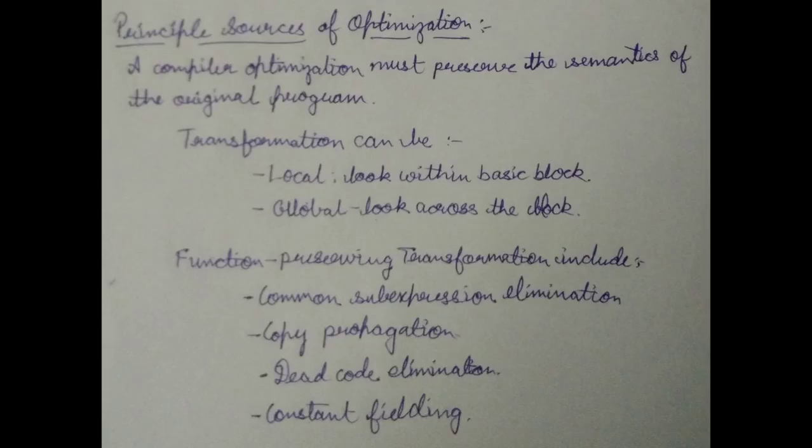Like for a given program, if we have two printf statements printing the same statement, we remove the duplicate and just keep a single copy of that. Now second is copy propagation. In copy propagation, we pass the values from one procedure to another. Thus, the copy of given data is propagated from one part of the code to another. This is known as copy propagation.